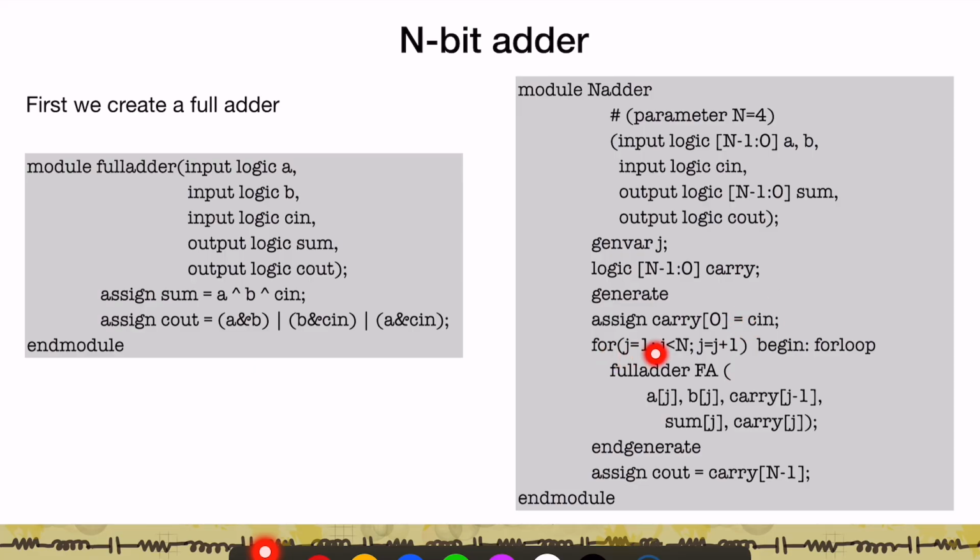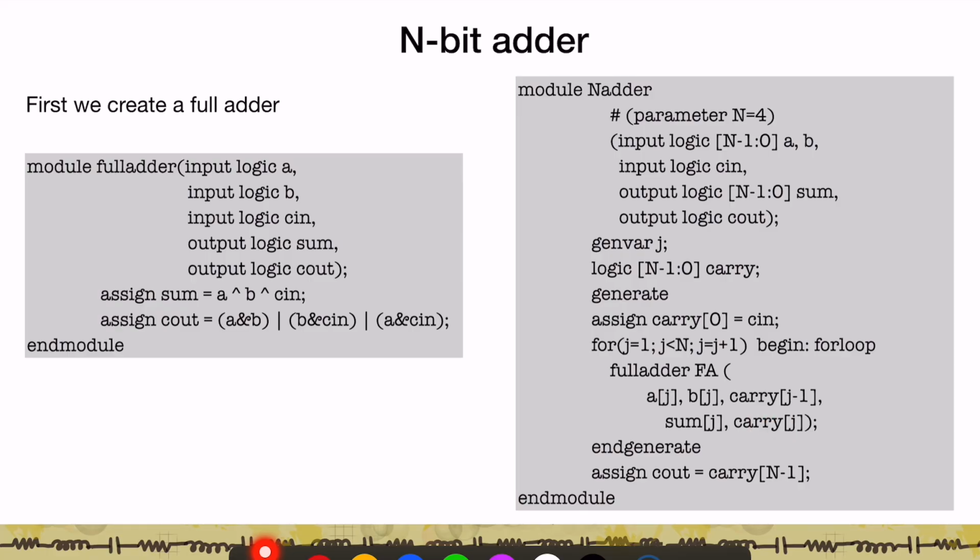Then I'm generating n full adders, one at a time, where I pass the jth bit of A, the jth bit of B, and the carry of the previous adder, and the outputs are the sum at the jth bit, and the carry for the next. The C out of the jth adder becomes the carry in of the next adder.